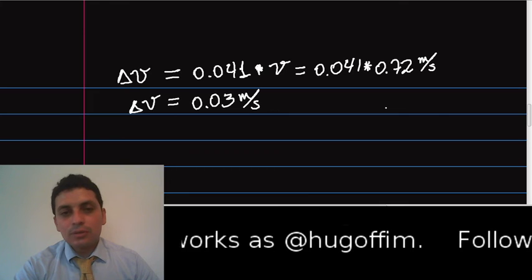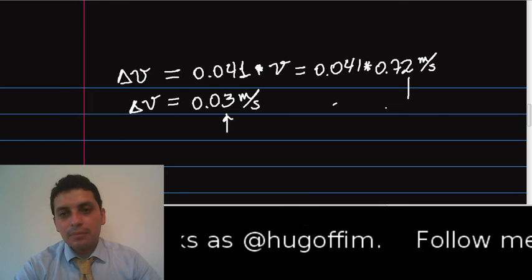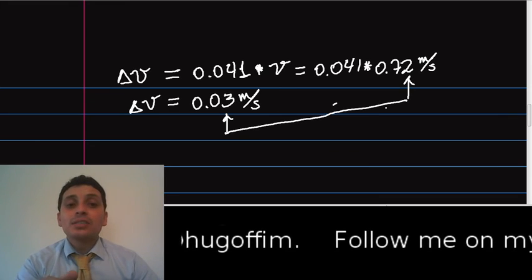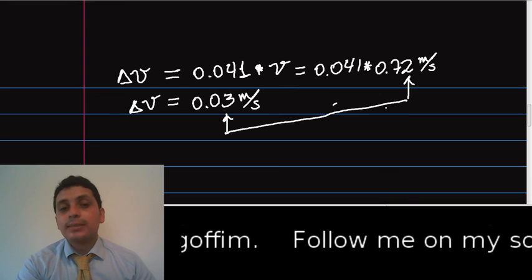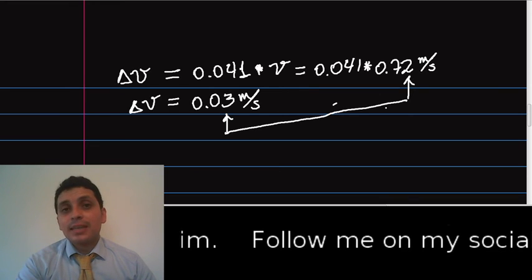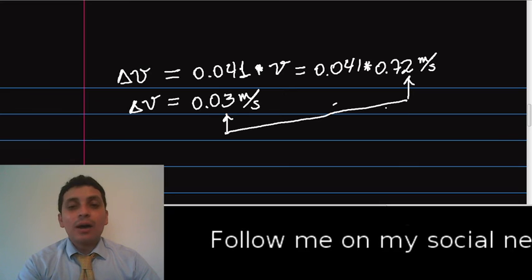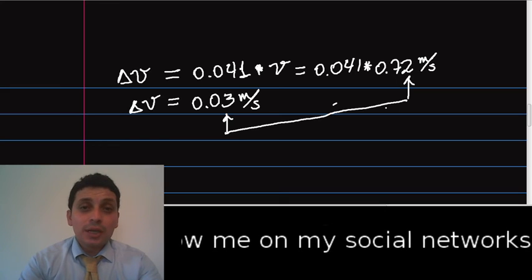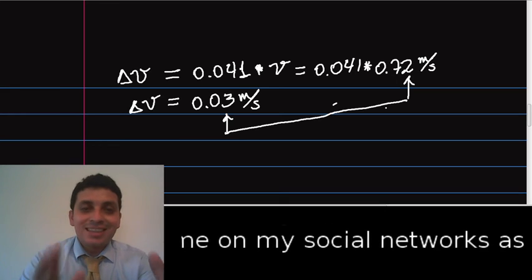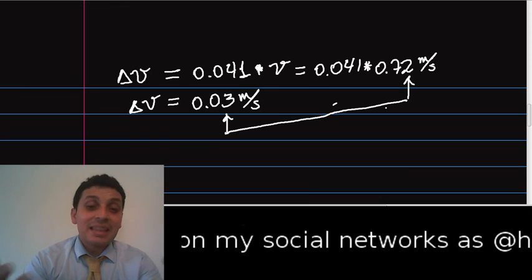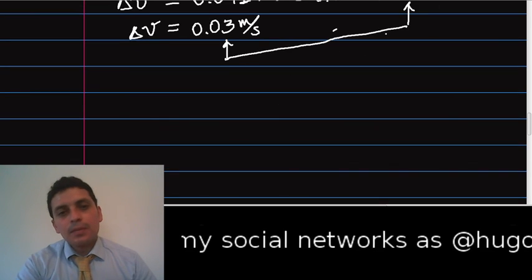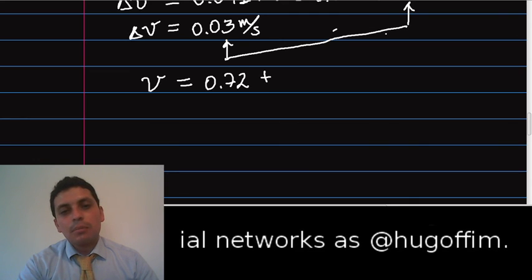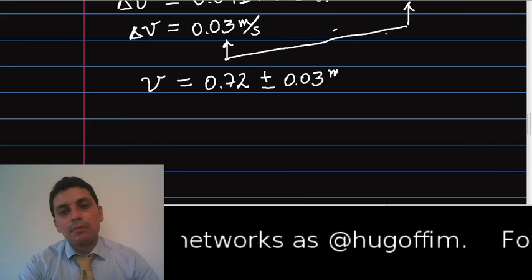Look at that, I round to the same decimal place that I showed with significant figures. It could be possible that you get as a result here, for example, 0.3. In this case, what we have to do is to round this number to the other significant figure, because the error spreads in a way that we lost this value. It happens when you measure. So the final answer will be velocity 0.72 plus or minus 0.03 meters per second.